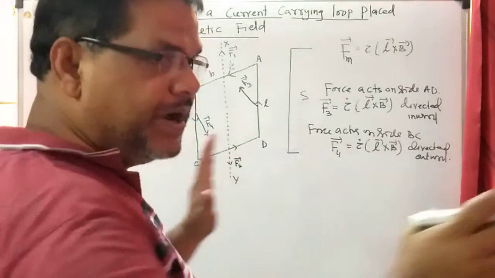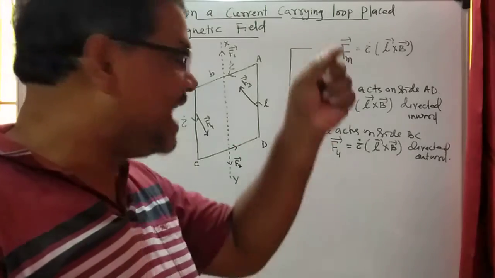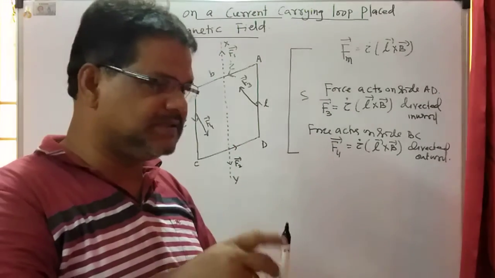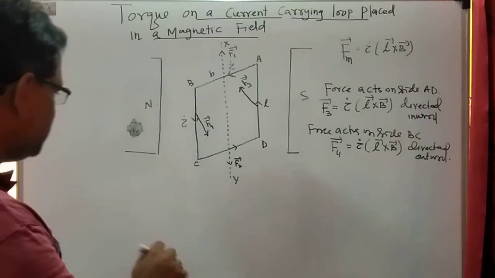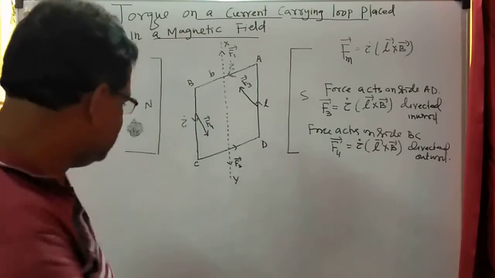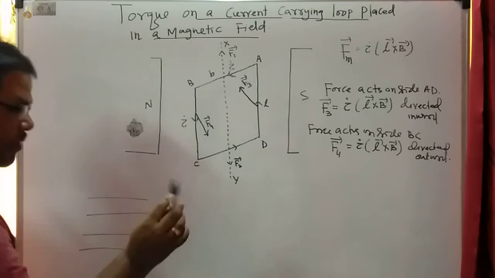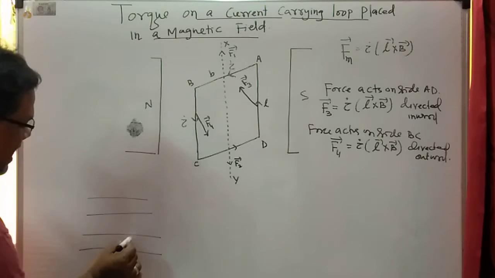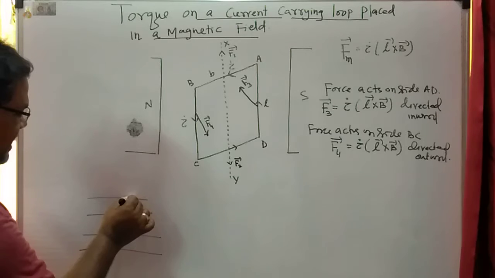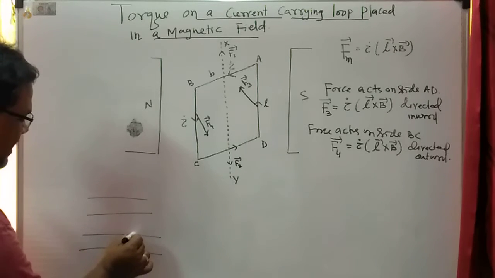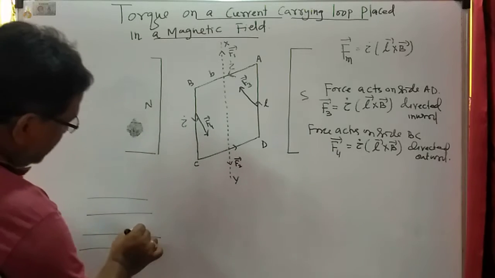As the coil rotates in this manner, this length is always perpendicular to B, because the magnetic field is along this way. Suppose the magnetic field is like that and one length is moving from here to here, at every position it is always 90 degrees.